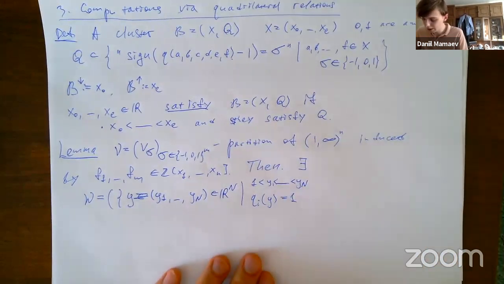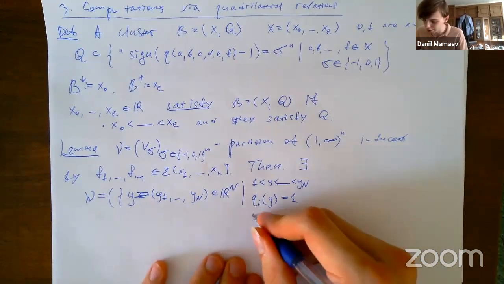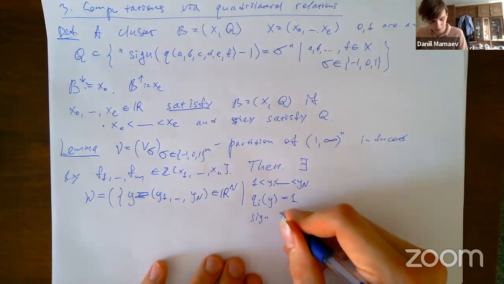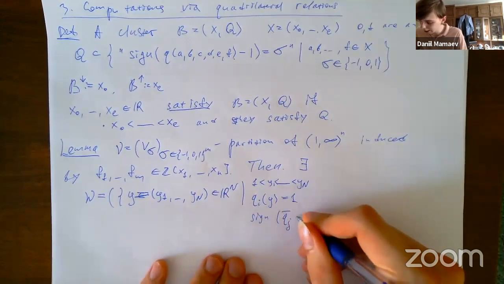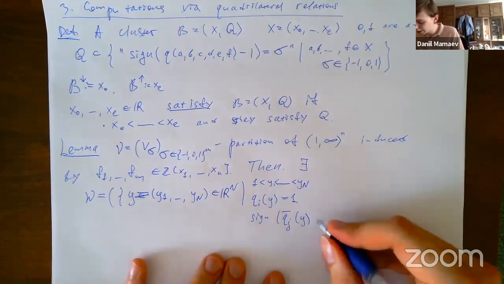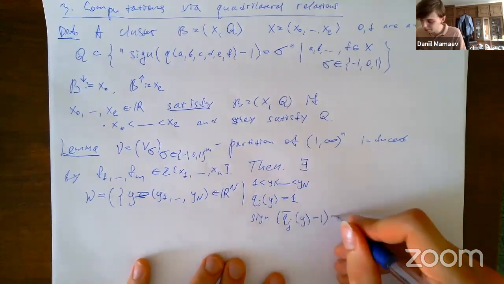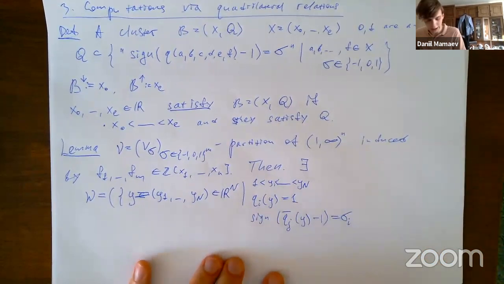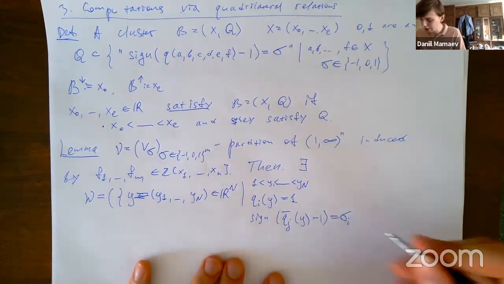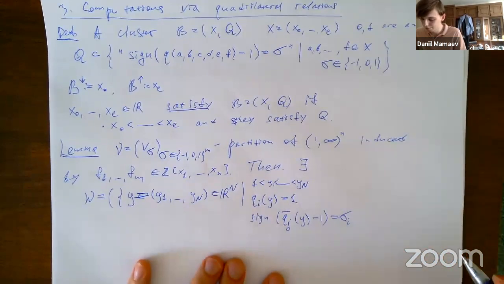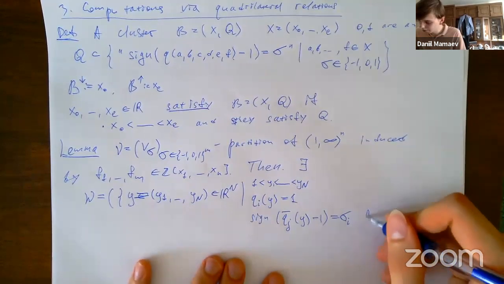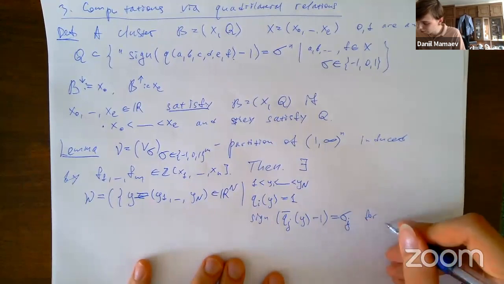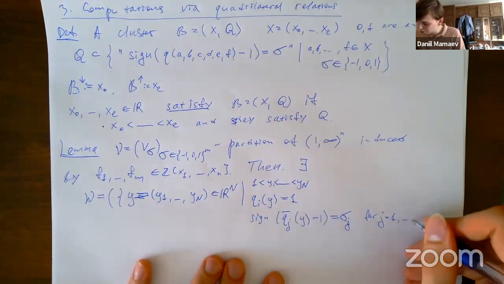There is some collection, and also some other collection of quadrilateral ratios, such that this collection gives us the partition for 1 to m.